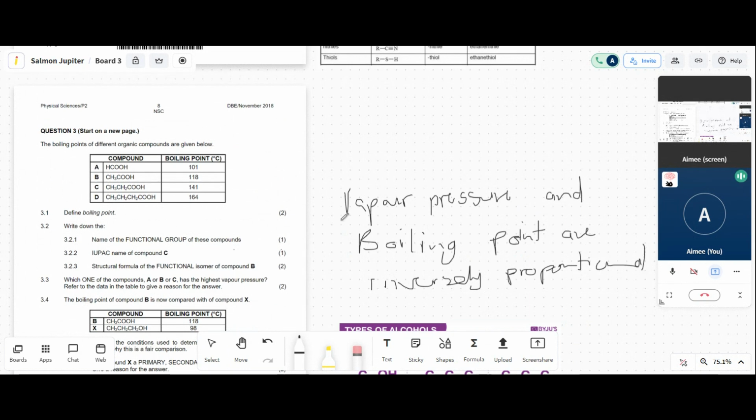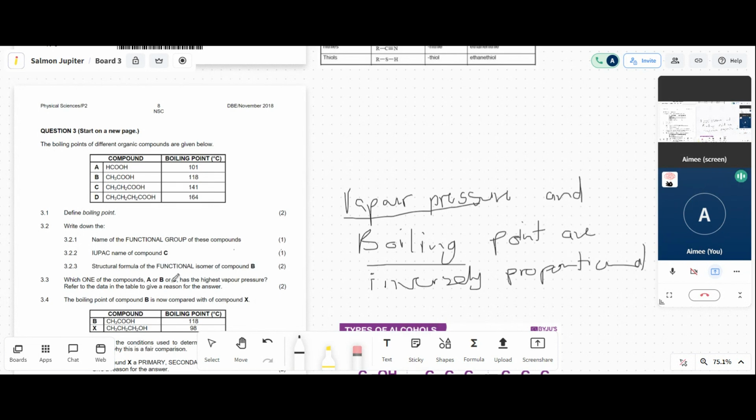What this means is that the lower vapor pressure is, the higher boiling point. The higher boiling point, the lower vapor pressure is. So basically, they move in opposite directions. As the one gets higher, the other one gets lower. That's what inversely proportional means.